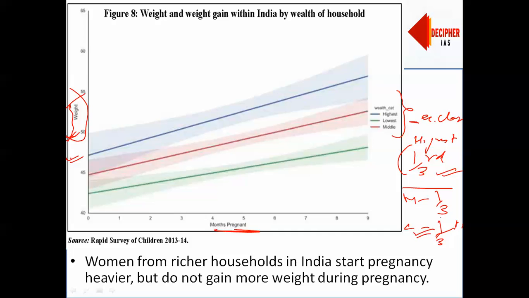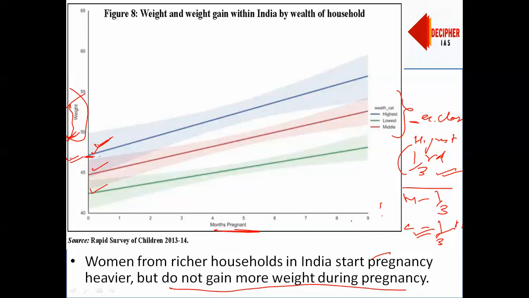Women from rich households, it has been seen, start pregnancy heavier but do not gain much more weight during pregnancy. Now you see here, the blue one is the wealthiest 1/3 of the population of women. Here it is intermediate and here it is lowest.